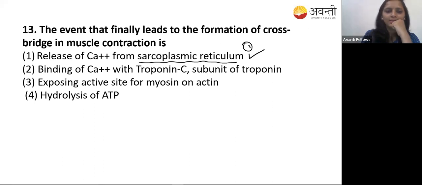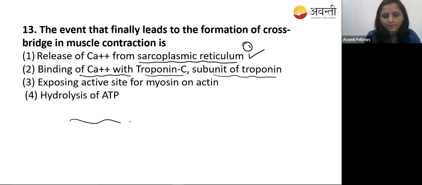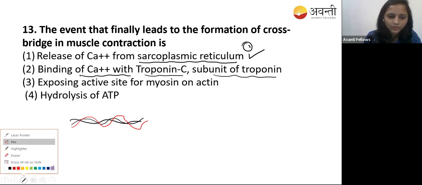Here they are asking which one is the last step in muscle contraction: binding of calcium with the C subunit of troponin. You all know, guys, this is the actin filament. On the actin filament there is tropomyosin, and troponin binds on it, hiding the active site of the actin.